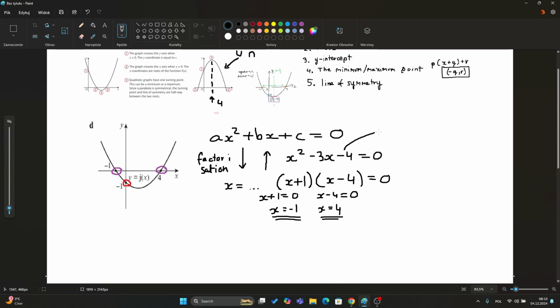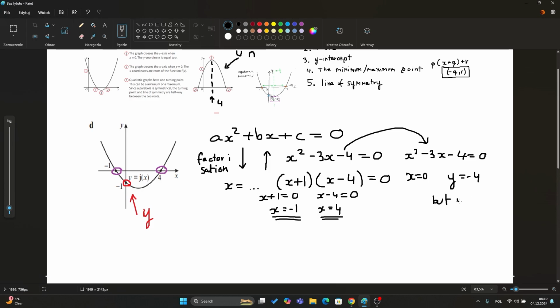But this is not done yet, because we see that here our y-intercept is -4, because when we do x equals 0, y equals -4.